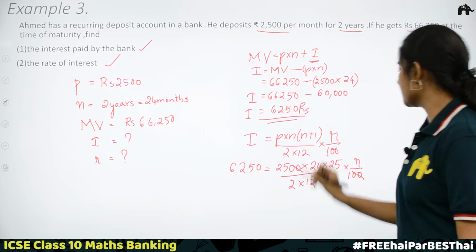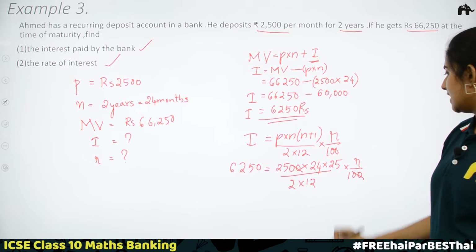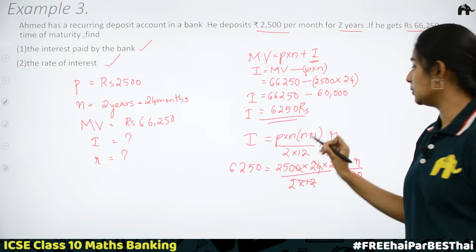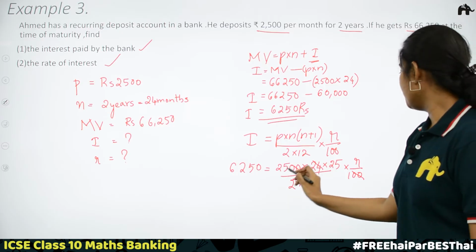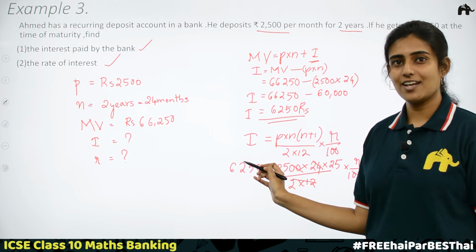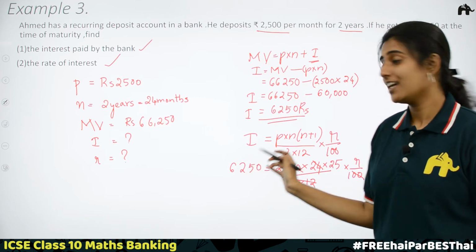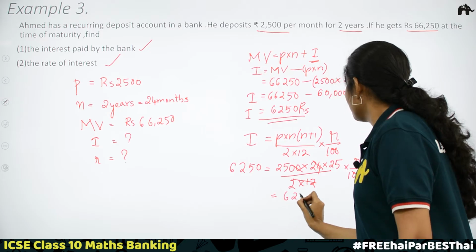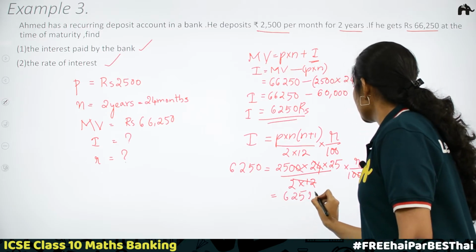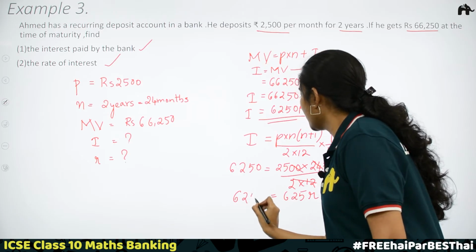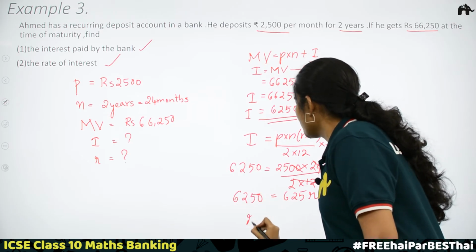Cancelling out zeros. What else can be cancelled? 2 into 12 is 24. We have a 24 in the numerator as well. 25 into 25. How much is 25 into 25? 25 square. Yes. 625, right? So, 625 times R is equal to 6,250. Then what is the value of R?